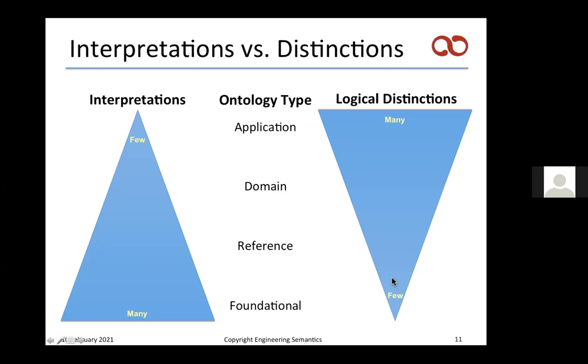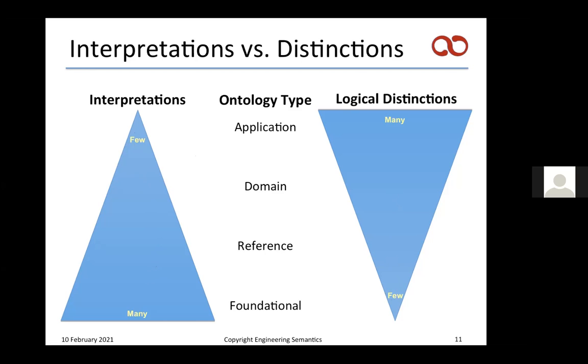As you keep adding more logical distinctions, you're going to get fewer and fewer possible interpretations. Of course, once you get to an application, you don't want interpretations that are dissimilar from what you expect or what you need. In terms of models, an interpretation you can consider as a model. I don't want to say more about that right now. Again, this is representing a Tarskian view of things.